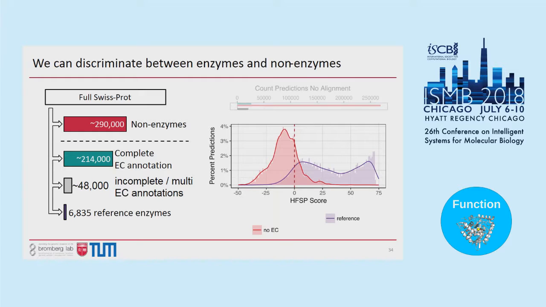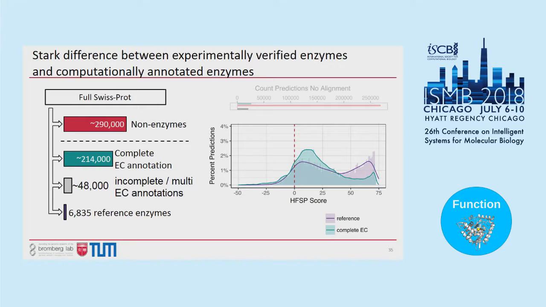And this distribution might look a little bit familiar to you if you were here for one of the earlier talks today. The next thing that we looked at is all of the enzymes in SwissProt that are not experimentally verified, and there is a difference between the distributions of the reference and those with complete EC annotation.